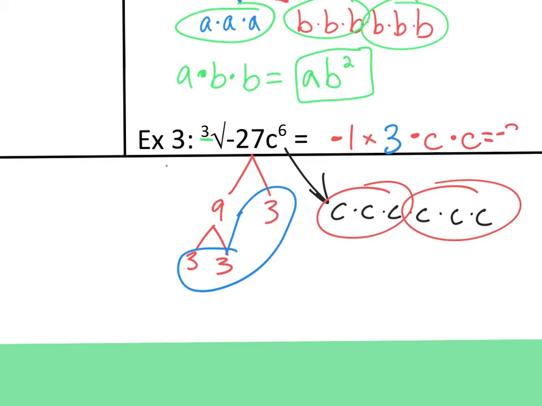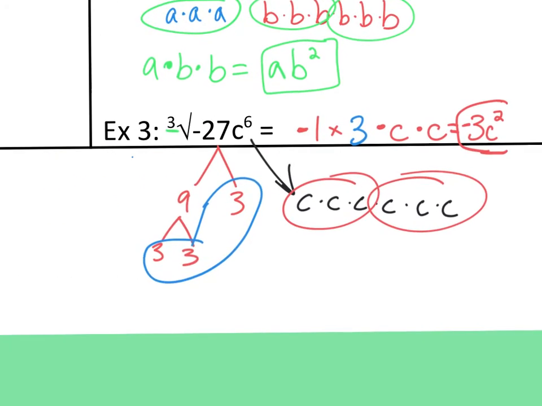Yep, negative 3c squared. Negative 3c squared. Anybody confused on how we got that answer? Okay, because again, you just multiply coefficients and then add your exponents. Cool, let's go ahead and move on.